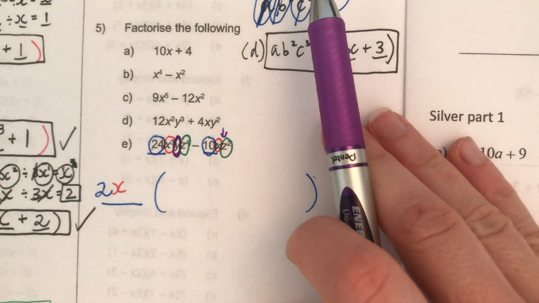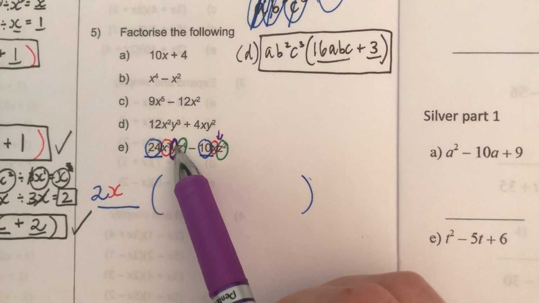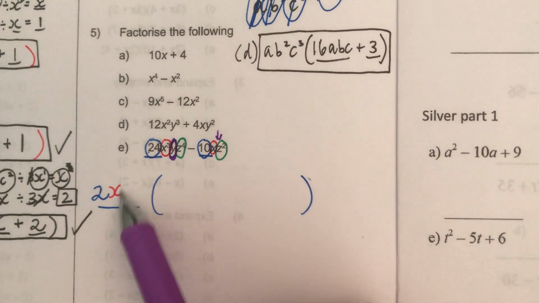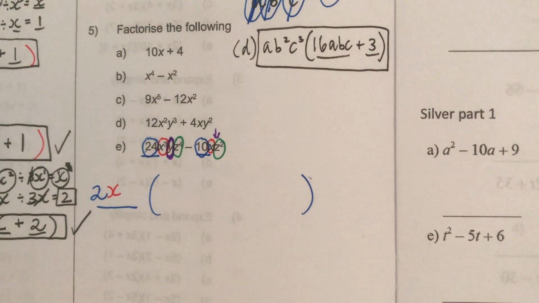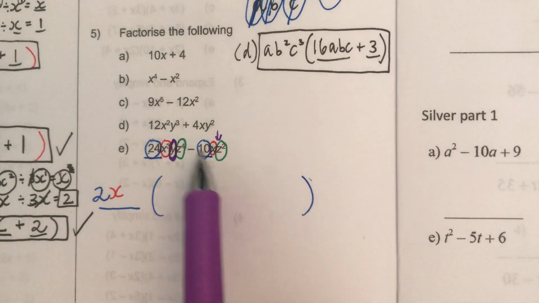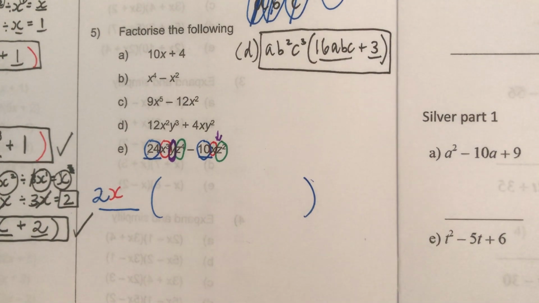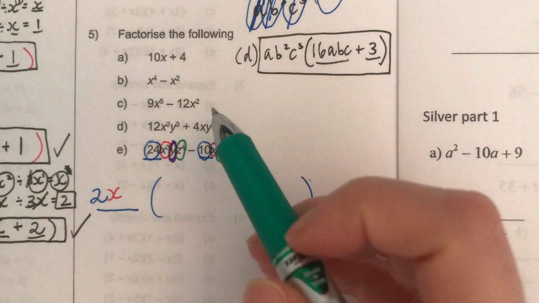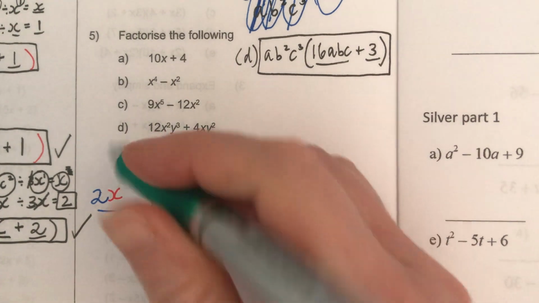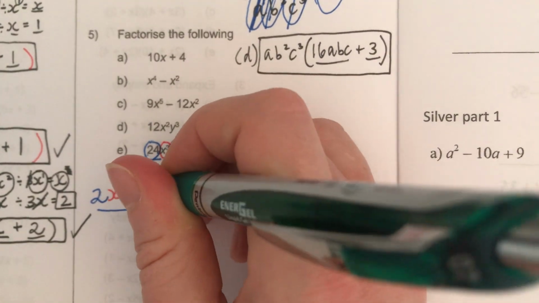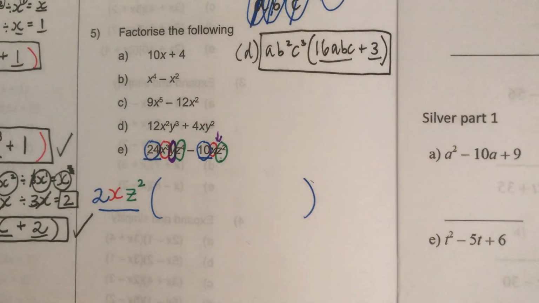Same thing will happen here. I only have y in the first term, not in the second term, so I do not bring out y as part of our common factor. This guy has a y, this guy does not have a y, so y is not common between the two terms. And the last one, z to the power of 4, z squared. The smaller power is z to the power of 2, so that's what I'll bring out.